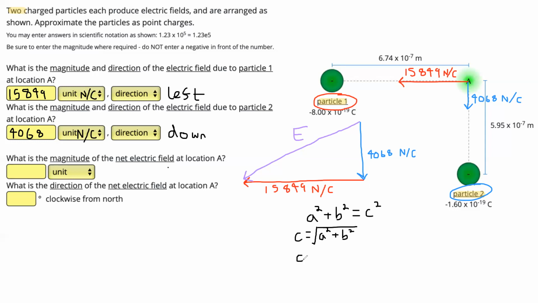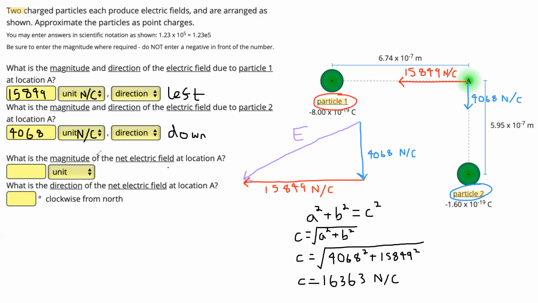And we can put in our numbers. A was 4068 squared plus b, which is 15,849 squared. That's going to give us a value for the hypotenuse of 16,363. And our unit is newtons per coulomb.